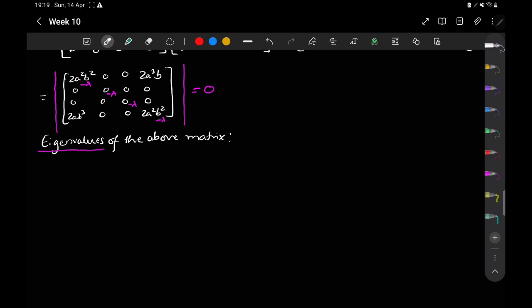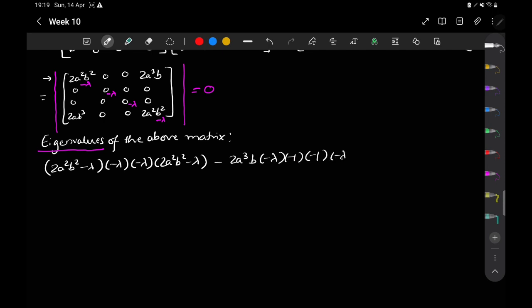So let us expand by the first row. And this equals 0.